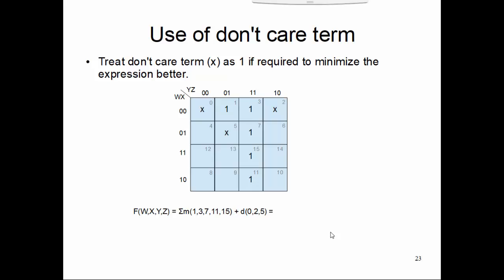By the way, this is a little bit different than the mathematical concept, because the mathematical concept says if it is a function of w x y z, and I define my function as 1, 3, 7, 11, 15, then its inverse function would be the rest of the minterms, right? Summation of the rest of the minterms.